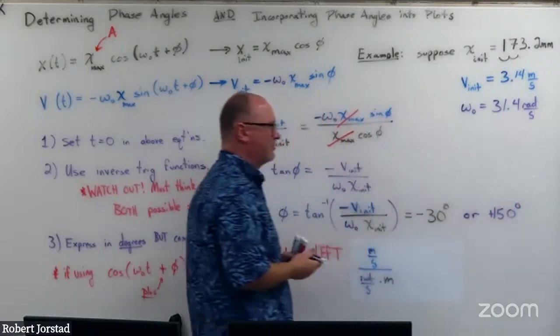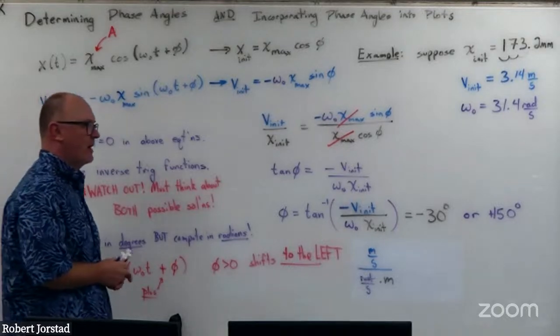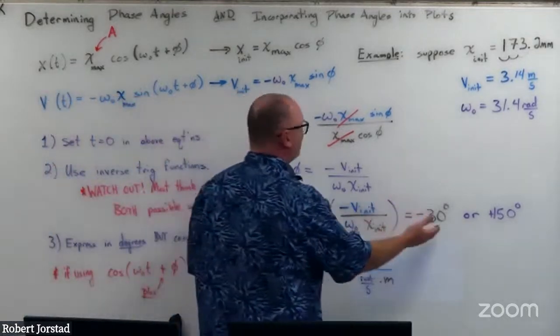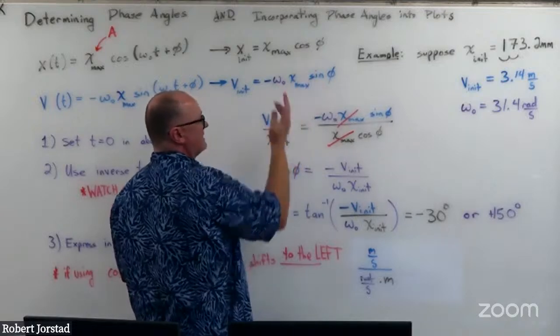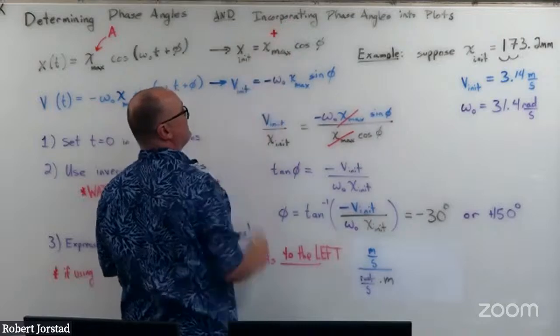I'm not sure which one it is. So how could we figure this out? Here's a quick way to check. Let's try plugging both of these numbers into these equations and see what we get. In particular, I know that this is a positive number.